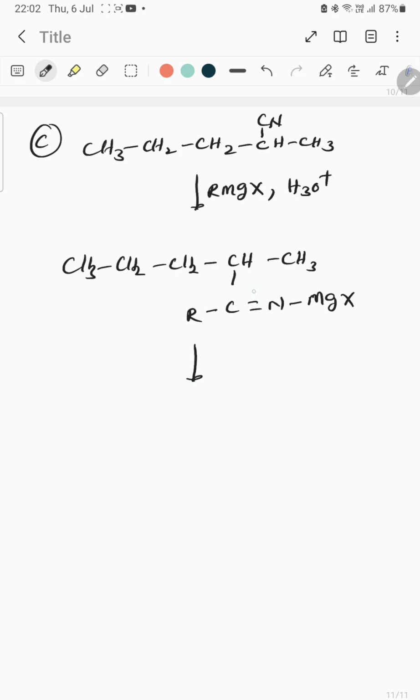On hydrolysis, this bond breaks, carbon is attached to OH groups and nitrogen is attached to hydrogens. But carbon attached to OH groups is highly unstable, so it turns into C double bond O, having the R group. It is also a ketone.